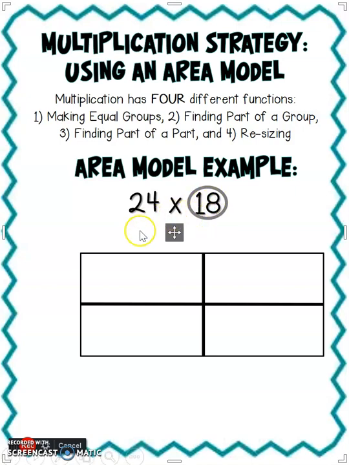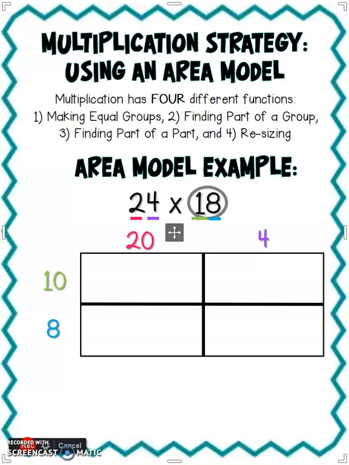Now, just like I did along the top, along the side, I need to find what each of these digits really represents. So first, the 1 really means 10, so I'll put that in the top part along the left. And the second digit, 8, represents 8, so I'll put that along the bottom part of the left. Now I can do the same thing with my first factor as before. The 2 represents 20, so that will go along the top. And the 4 represents 4, so that will be in the final section.